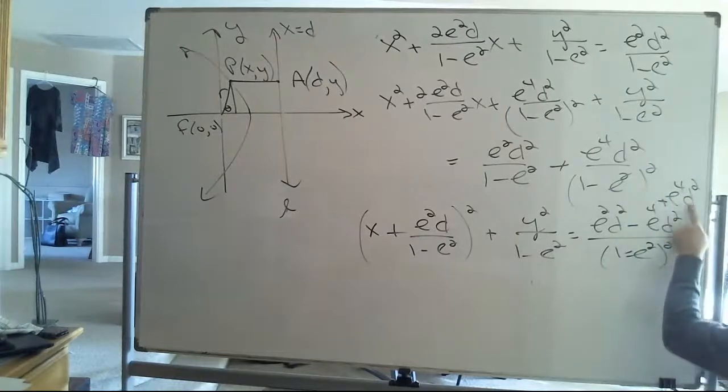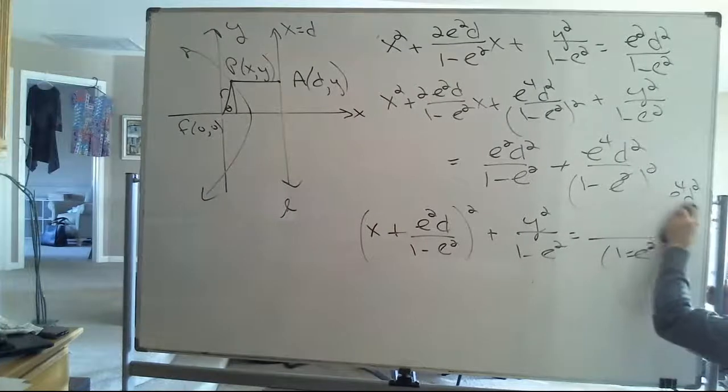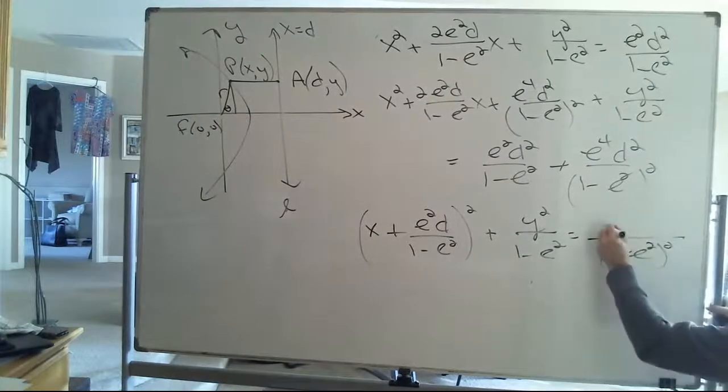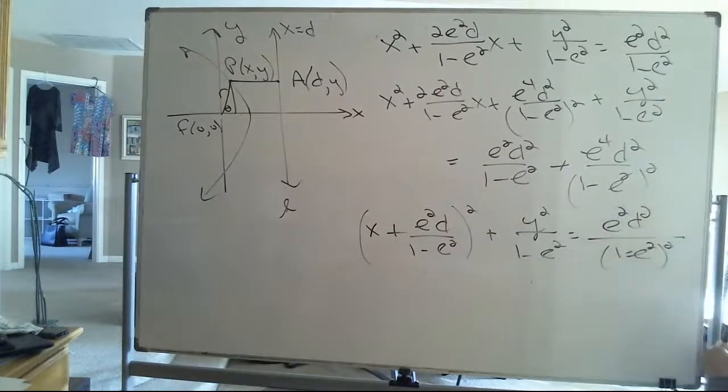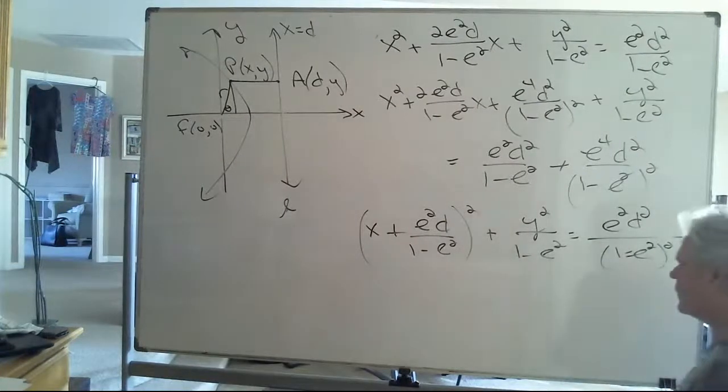Now these two terms completely cancel, and my numerator is nothing more than e squared d squared. And finally, I put this in standard form, dividing both sides by this to force it to be a 1, so that can be this.